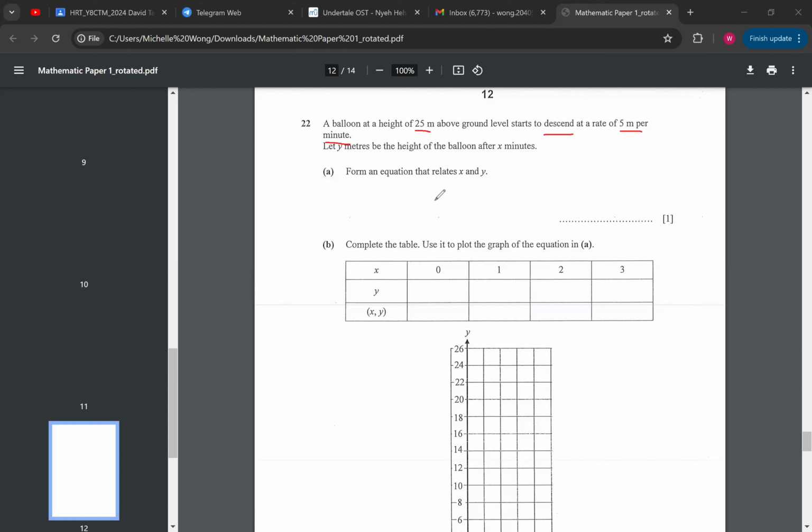Form an equation that relates x and y. The balloon starts off here and slowly decreases by 5 meters per minute. So y equals 25, which is the start, and it slowly goes down, so it will be minus 5x.